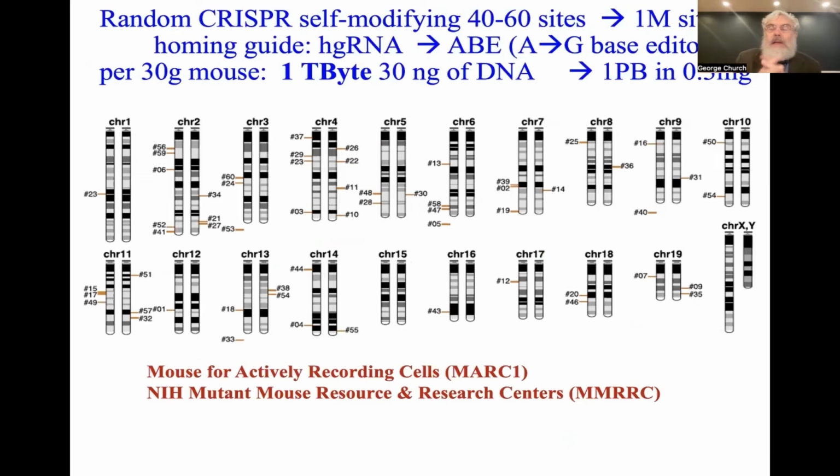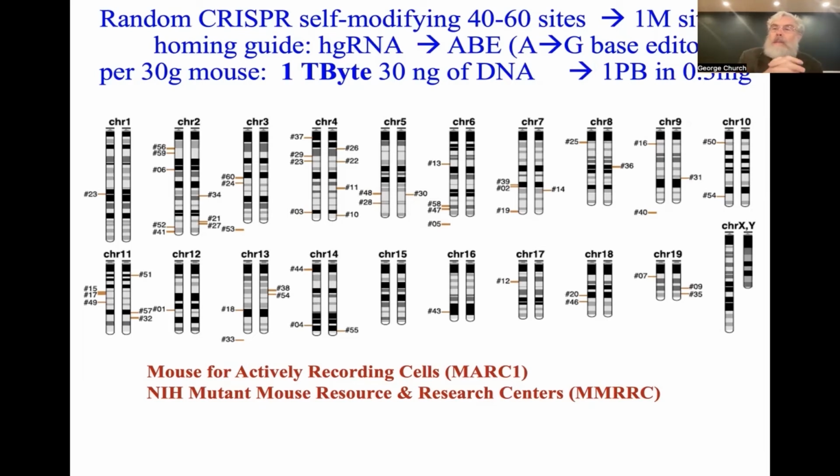But we'd like to move beyond a terabyte. That terabyte was established in 20 nanograms of DNA, which is 1/billionth of the mouse's body mass. So you're only dedicating 1/billionth of the animal to this amazing recording device capable of doing development, aging, and physiological measurements.